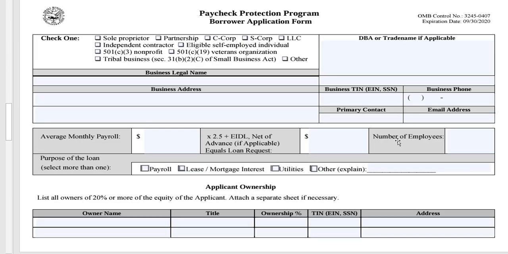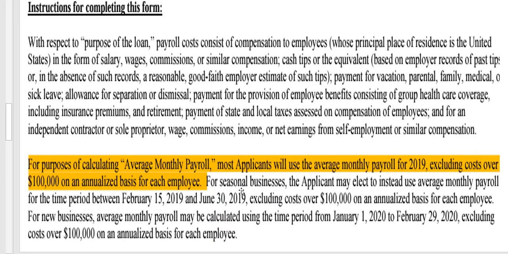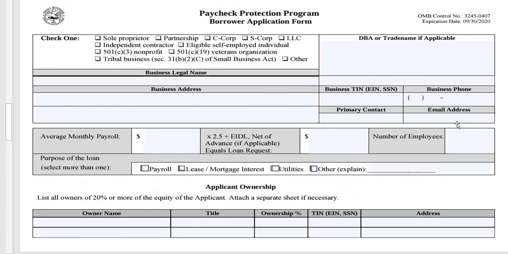So it is rational and reasonable for a borrower who is reading this form and reads the application instructions where it says that you're supposed to use to calculate your average monthly payroll calendar year 2019, that you would fill in a box here for the average number of employees.